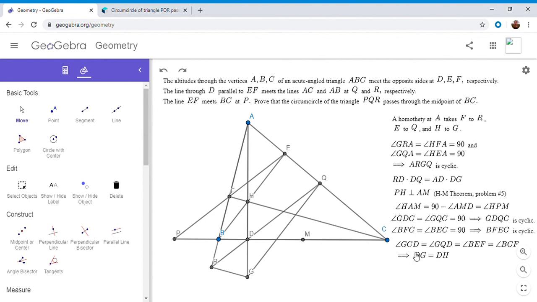And now we can reverse engineer this to get our proof that we wanted, that APGM is cyclic. Okay.